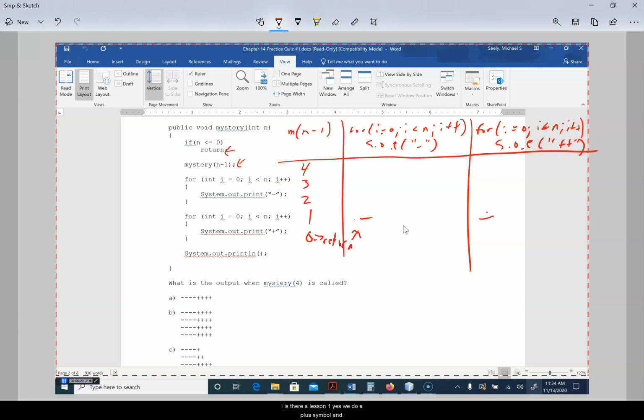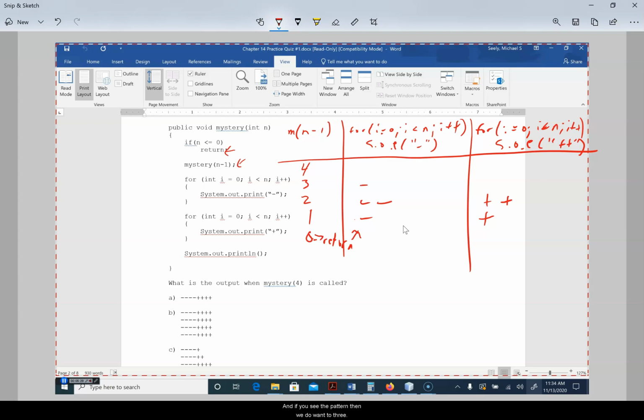Yes, so we do a plus symbol, and I becomes 1, is 1 less than 1? No. Then we pop back up the stack again, and n becomes 2, is 0 less than 2? Yep. So we do a minus, and then I becomes 1, is 1 less than 2? Yes, we do a minus. And we would do the same thing over here. I would become 3, and 3 is not less than n.